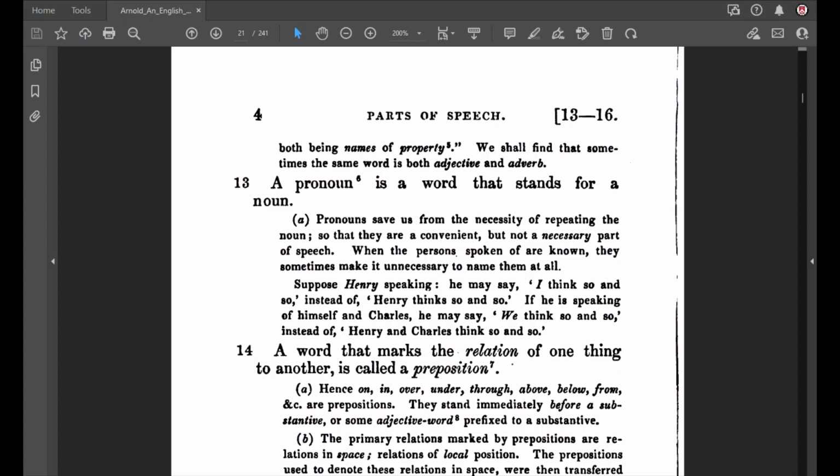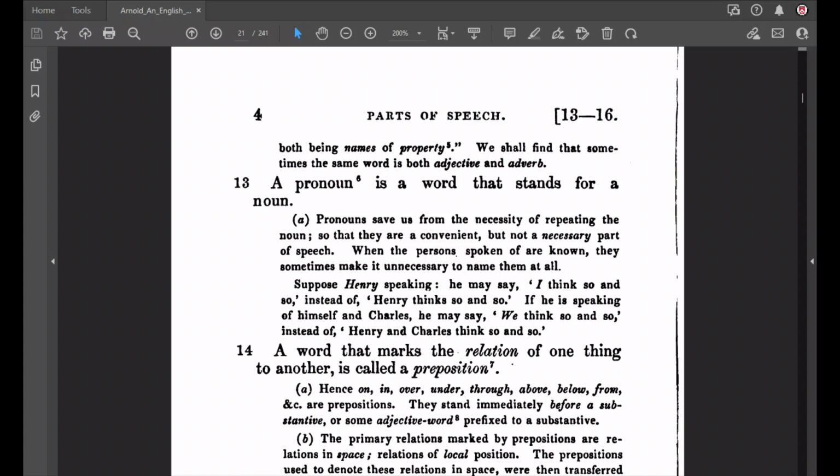When the persons or things that we name, the substantives, are already known, we don't need to continue naming them. We can refer to them with a pronoun.